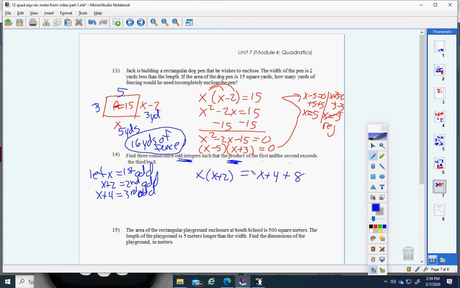So the exceeds problems, just take a moment to think about where you need to put that additional number. And now we'll distribute. And we'll combine like terms. And it's quadratic, so we'll get it set equal to 0.